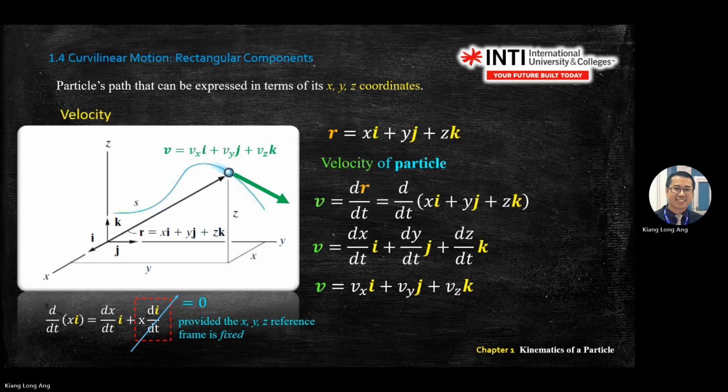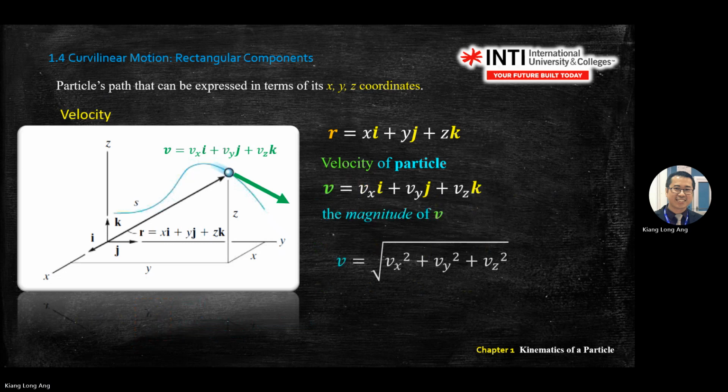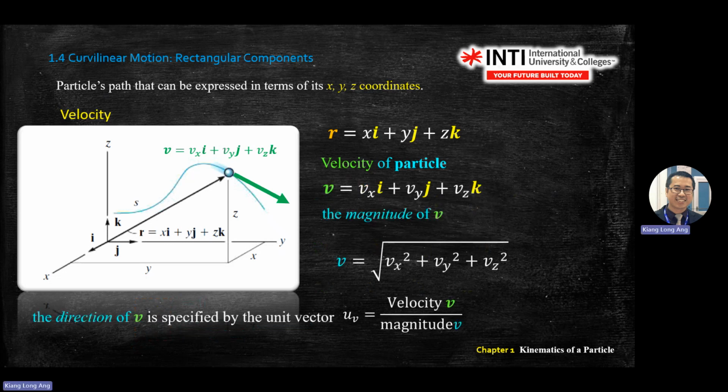So this is the vector chapter calculation there. Just to highlight again, v is always tangent to the path. Always tangent to the path means you use your ruler, find the center, and draw the tangent arrow.